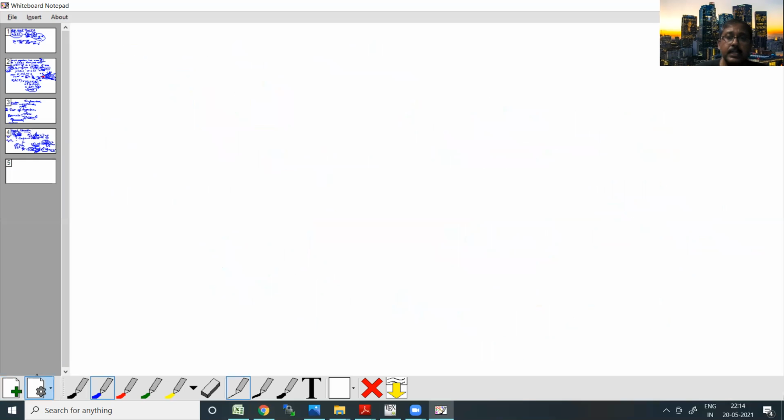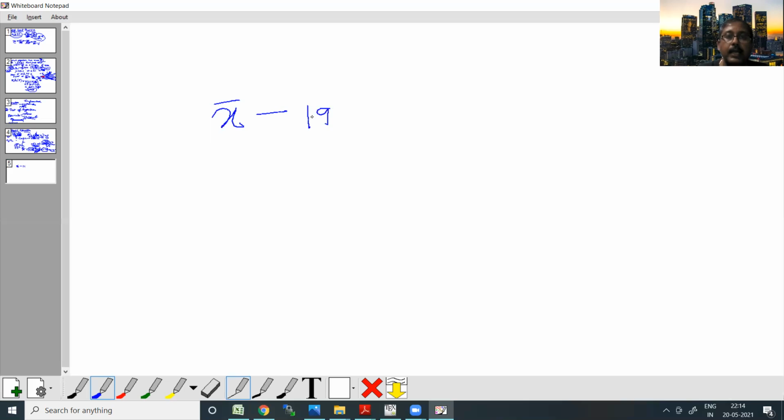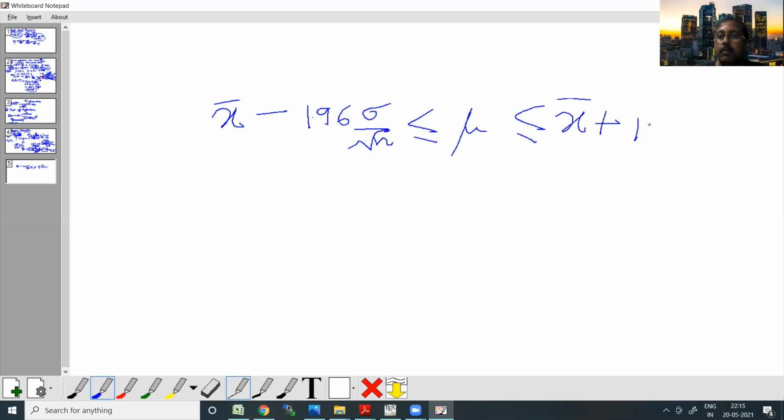If I transform it, the thing becomes x bar minus 1.96 into sigma by root over n, less than or equal to mu, less than or equal to x bar plus 1.96 into sigma by root over n.